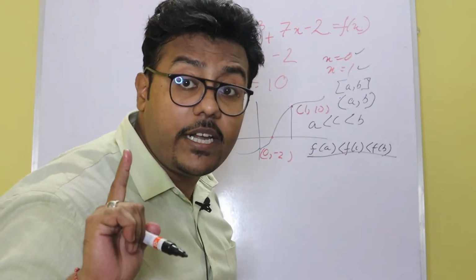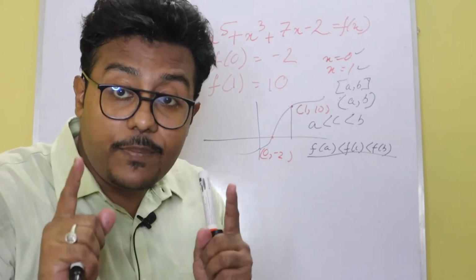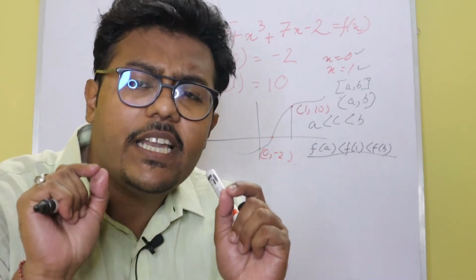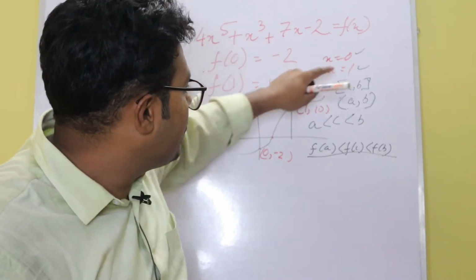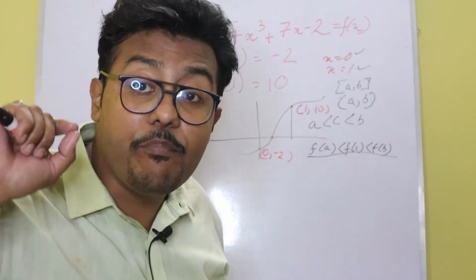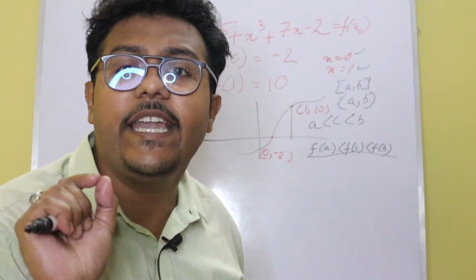Remember friends, there will be at least one real root for this function between 0 and 1, and this is the main conclusion of the intermediate value theorem.